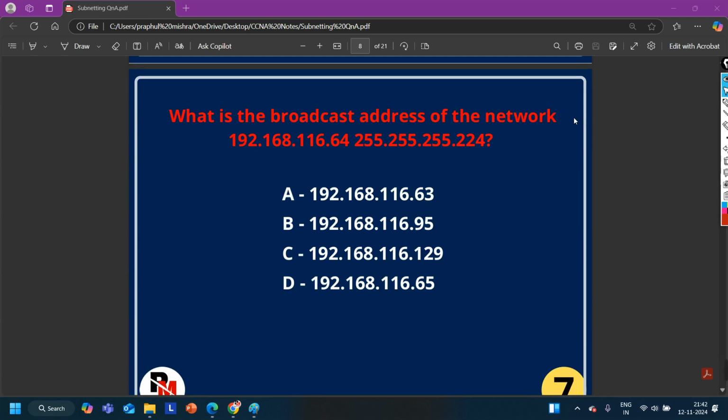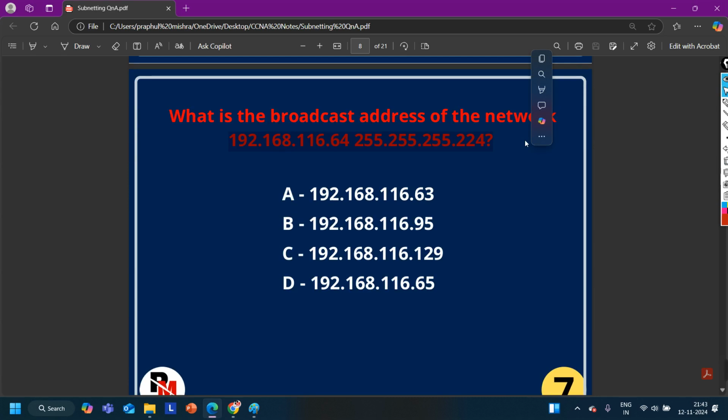Then what is the broadcast address of this? Broadcast address is dot 63.